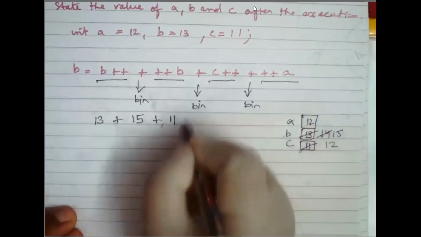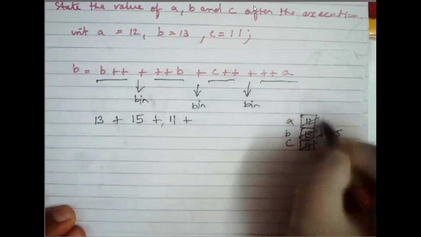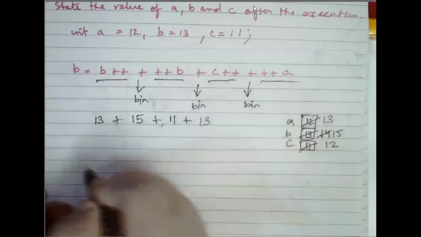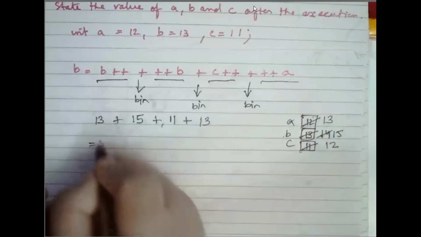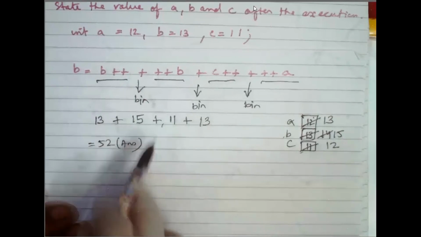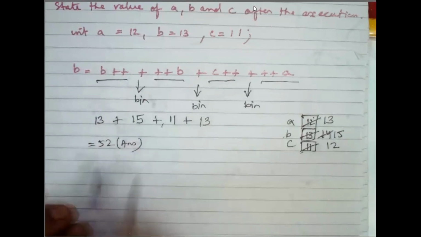Then I have my binary plus, ++A, a case of pre-increment. So this will change to 13 and it will be used over here. So what is the value of B that I will get? B's new value will become 52. When you add 13 plus 15 plus 12 plus 11 plus 13, you will get 52 as the answer.